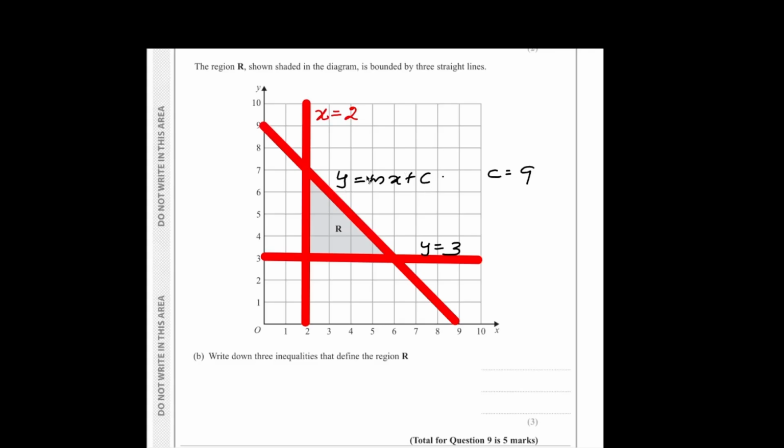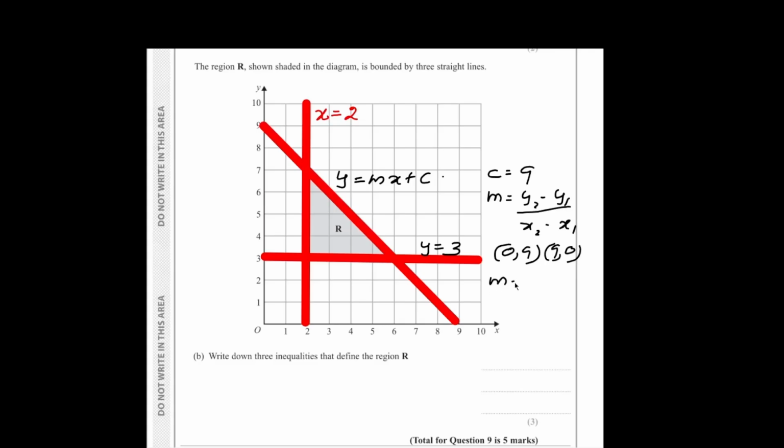Now we need to get what the gradient is. We know that gradient equals y2 minus y1, the y difference, over x2 minus x1, the x difference. So you have to get any two readable coordinates. I'm getting this one (0, 9) and another one (9, 0). So let's get the gradient.